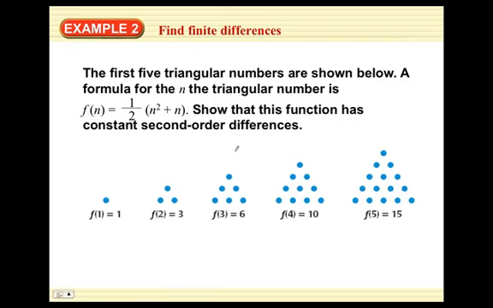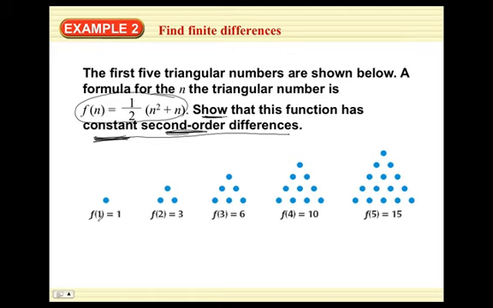Example 2. So here's what we have, real quick. They give you a function, and they tell you basically the table of the function, which is nice. So you don't have to do much, except pay attention to the wording. It says show that this function has constant second order differences. All you got to do is show me that the second order is constant. So watch.